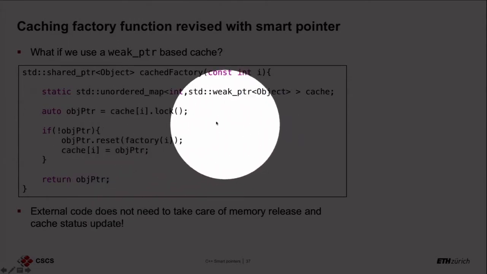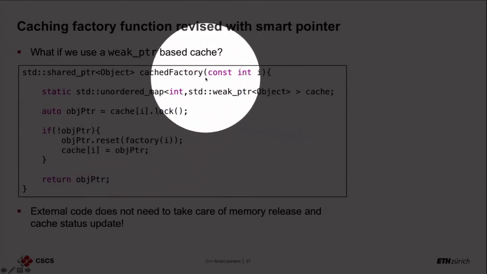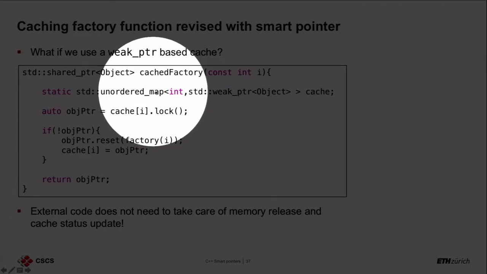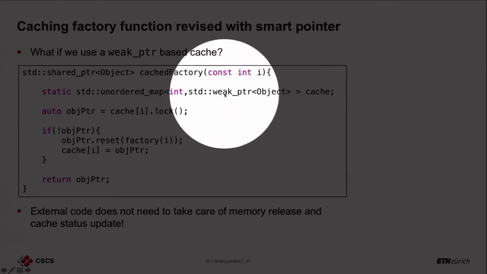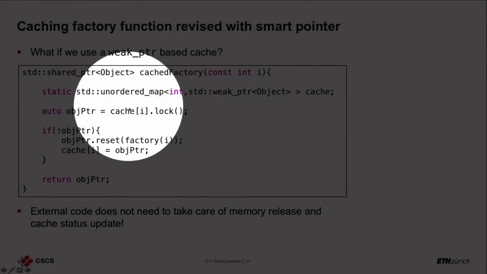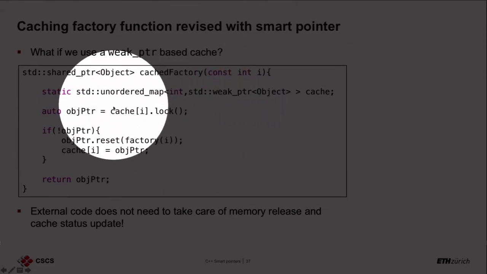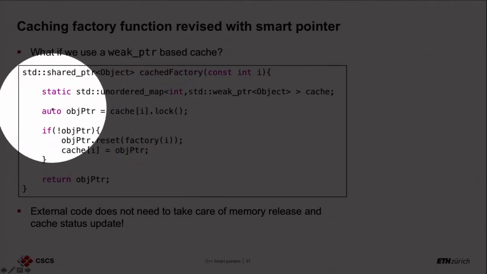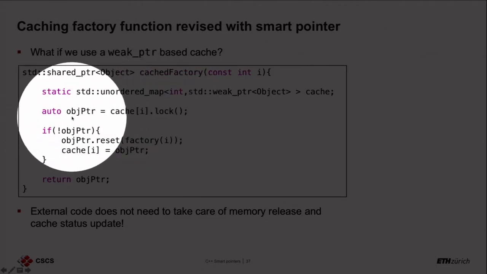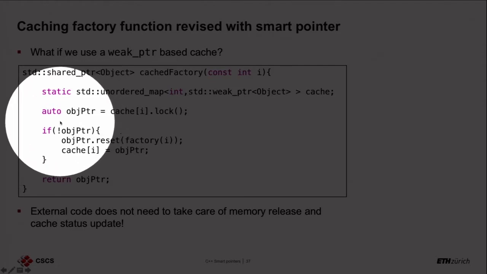If instead, for that particular input, you don't yet have a valid weak pointer for that element because it's never been created, then this cache object is a non-valid weak pointer, and the lock function will return a default constructed shared pointer, which is a null pointer.